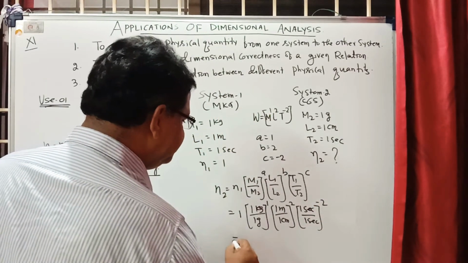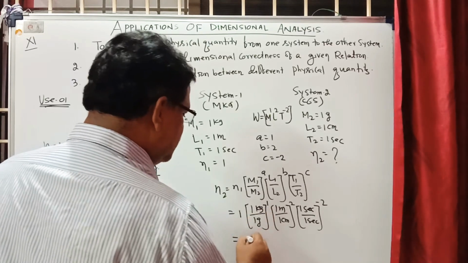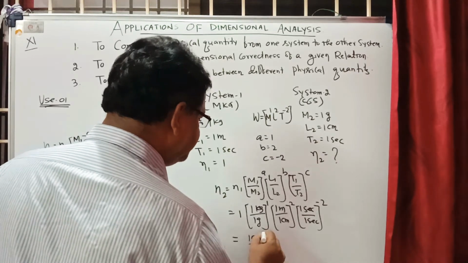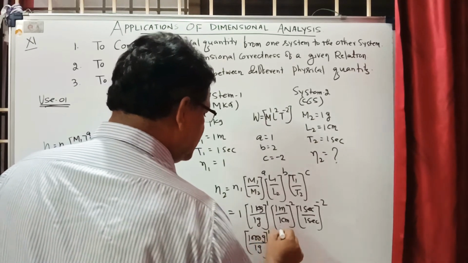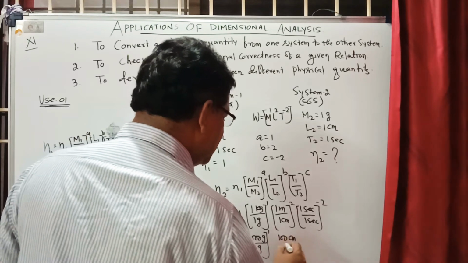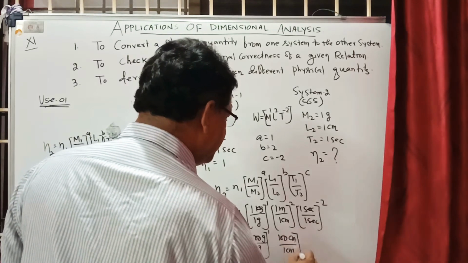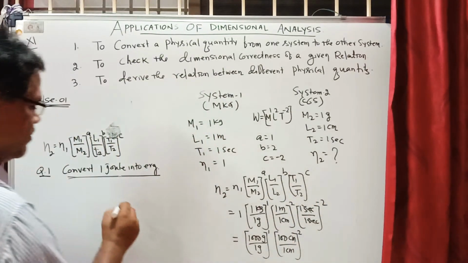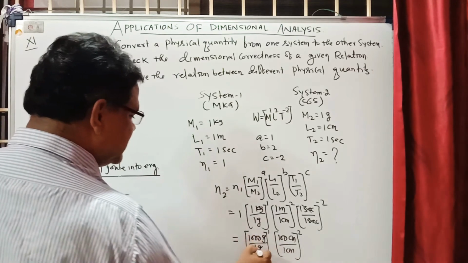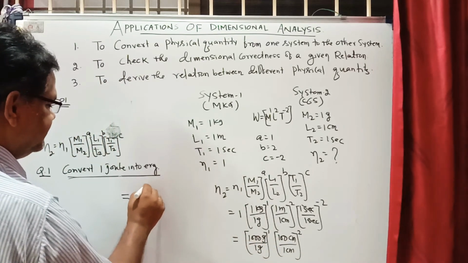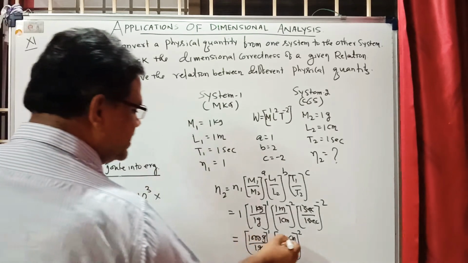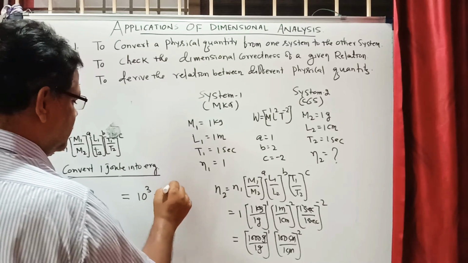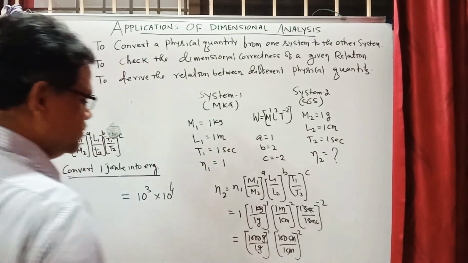Because 1 kg equals 1000 gram, 1000 gram upon 1 gram gives 10 to the power 3, and 100 centimeter by 1 centimeter squared gives 10 to the power 4, as 100 squared is 10 to the power 4.